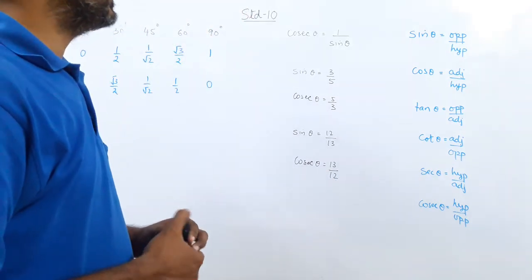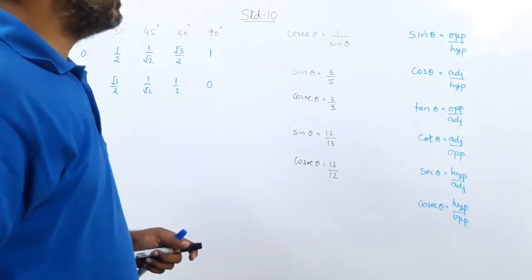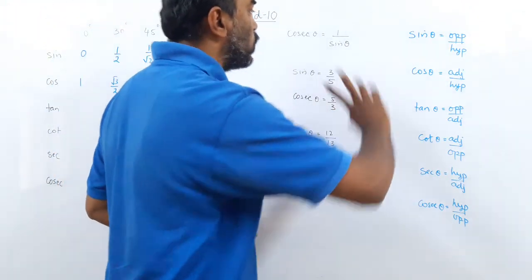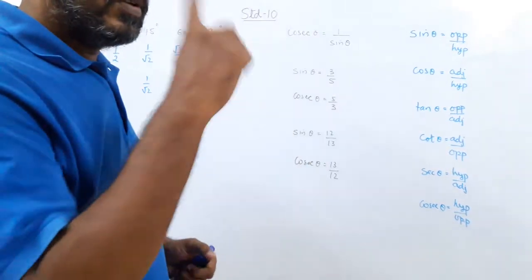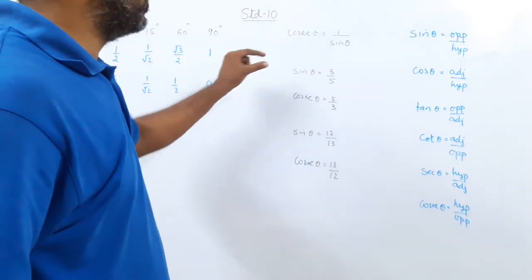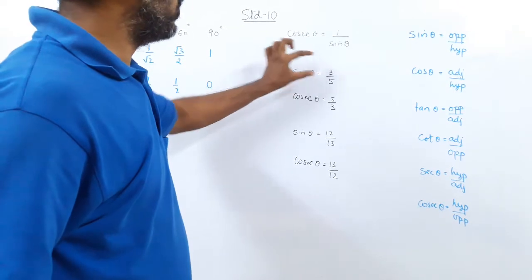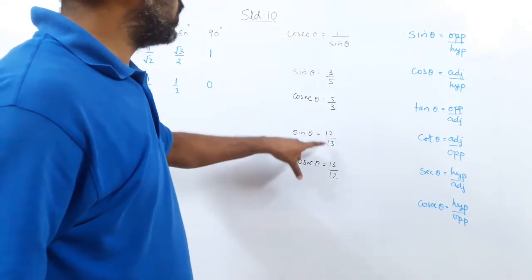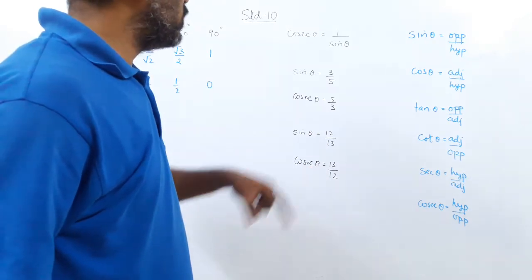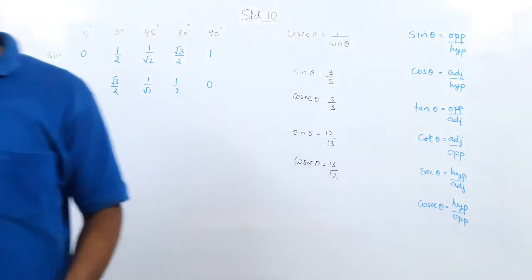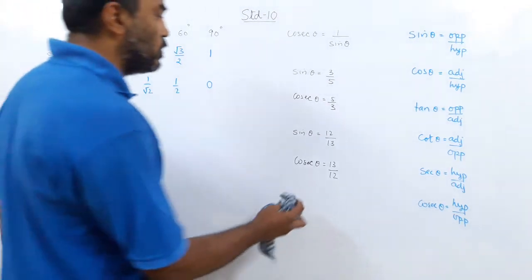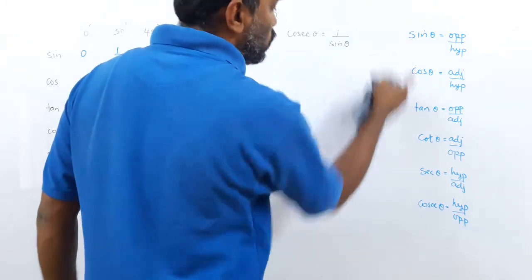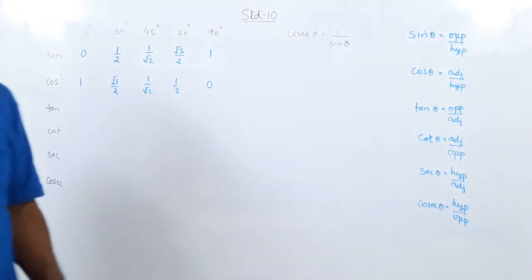So there is nothing which can change it, because when the angle is fixed, you can see the cosec and the sine are reciprocal of each other. Where the sine was 3 upon 5, the cosec will always be 5 upon 3. Where the sine was 12 upon 13, the cosec will always be 13 upon 12. And this happens because cosec is the reciprocal of the sine.